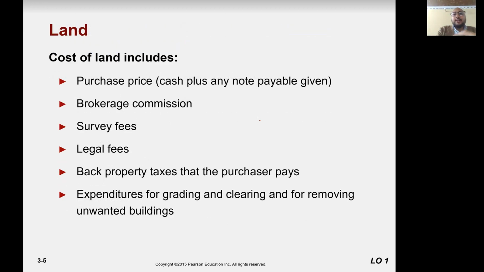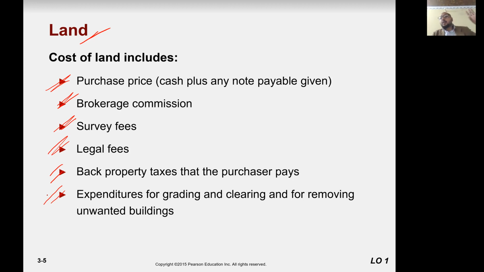So what is the cost of land? Remember, when you purchase land, only that price is not recorded on the balance sheet. Number one, you pay commission, survey fees, legal fees, property taxes, and any expenditures you make on the land for first-time use.